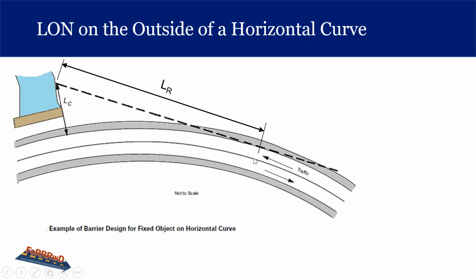If the car went straight, didn't make the curve, then the placement of the guardrail is in this area here.